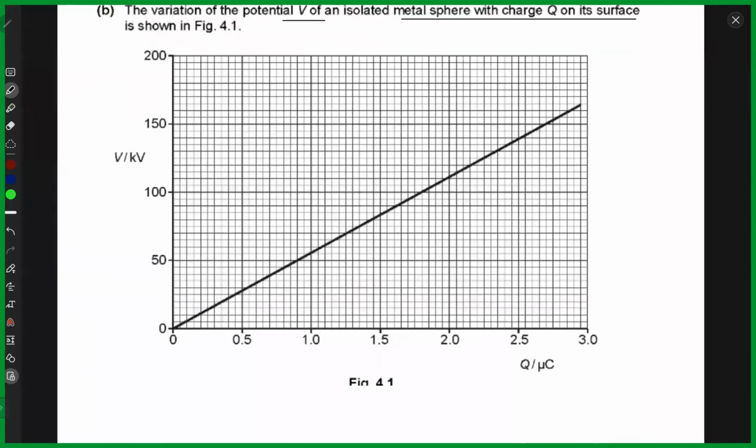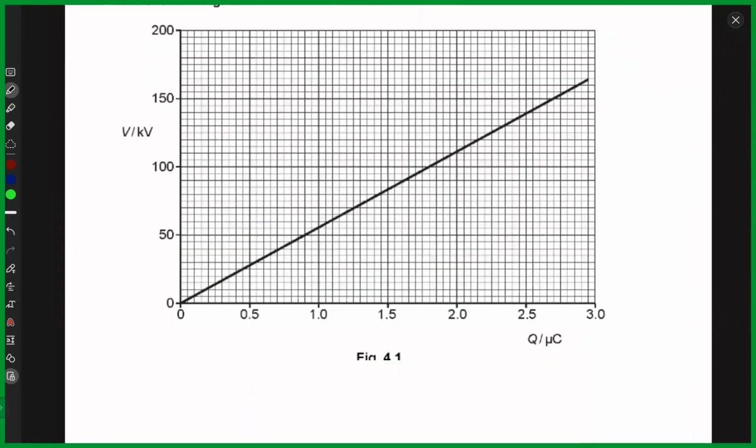Just give me a second. Let's pick this point for charge. I'm trying to pick a point that's lying exactly on the line. So we can take this one. I hope you can see this point.